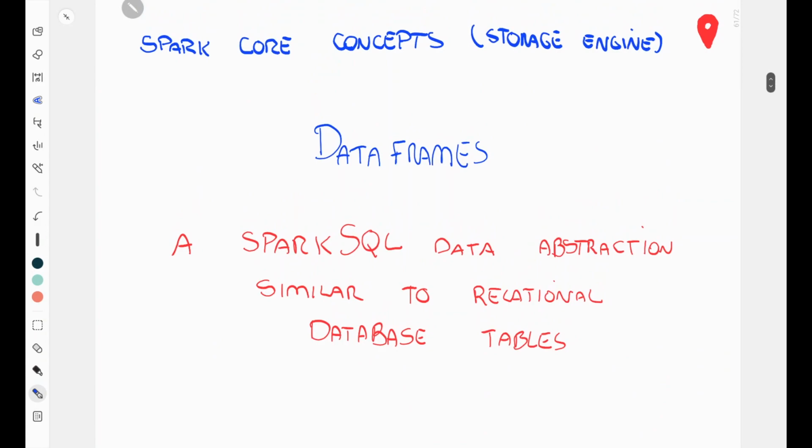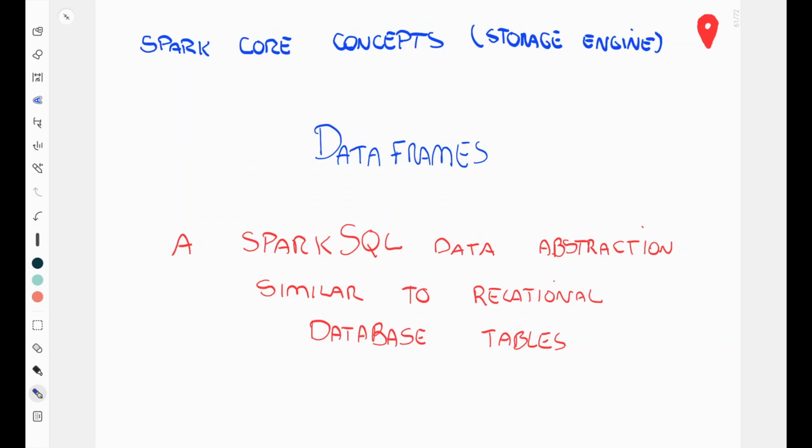But okay, what are data frames then? If we have RDDs and they have all the awesome features that I described, why do we have data frames? Because as more people started using Spark, some other tools such as Pandas rose, and Pandas has a concept of data frame, and the data frame is basically the same thing as a relational database table.